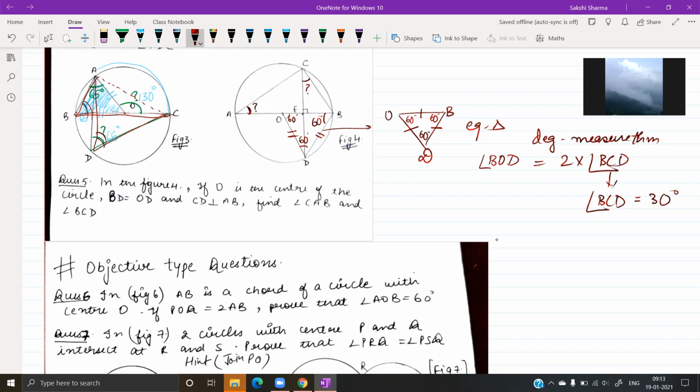How would you find out this one? Angle BAC equals angle BDC. That's right. How would you find out angle BDC?